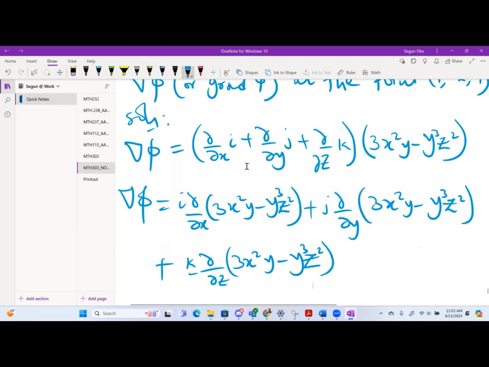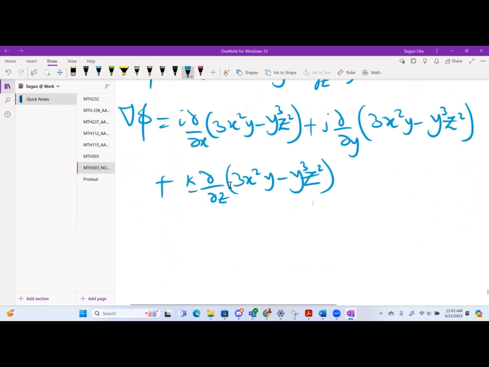What it simply means is differentiate with respect to x for i, with respect to y for j, and with respect to z for k. That is the meaning of what we're about to do now.